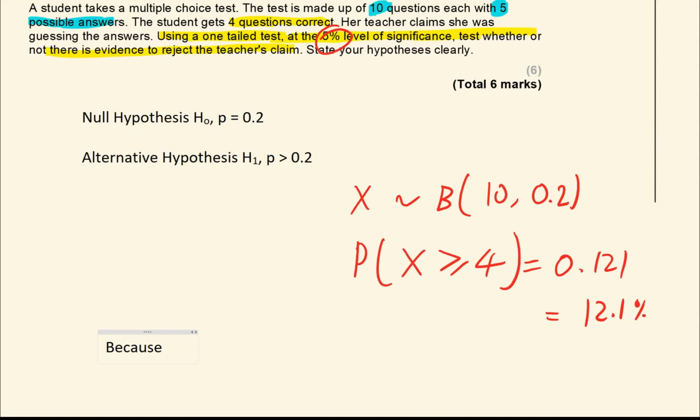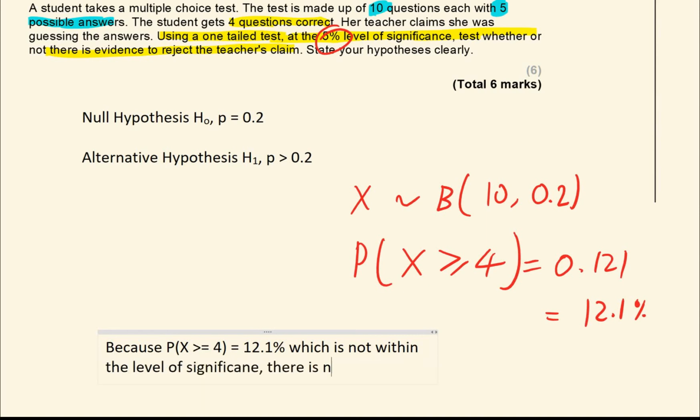So because the probability of getting at least 4 questions right is 12.1%, which is not within the error interval, or not within the level of significance, that means there is not enough evidence to reject H0 or our null hypothesis.